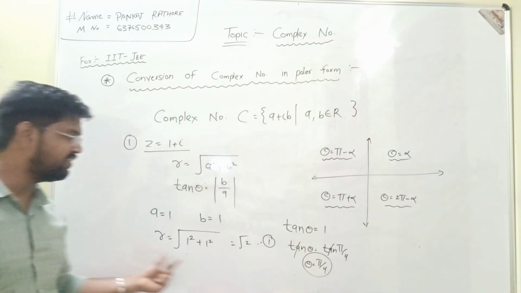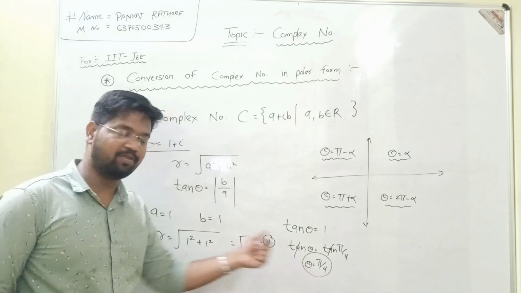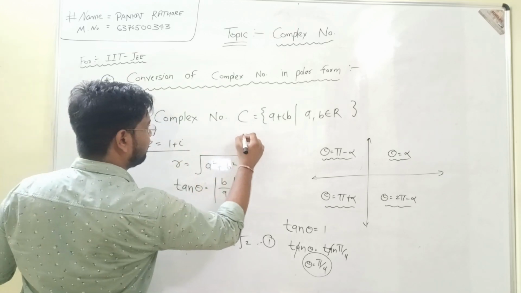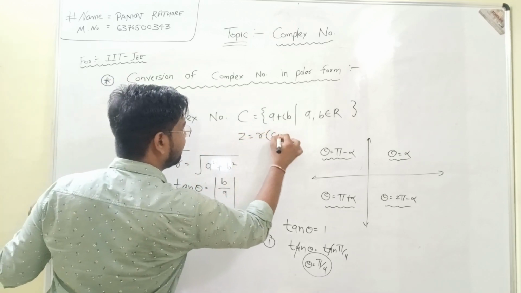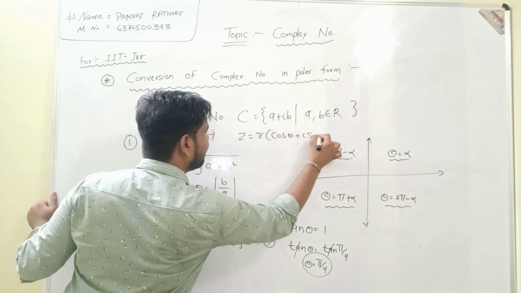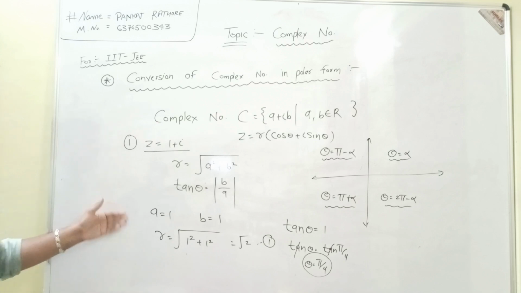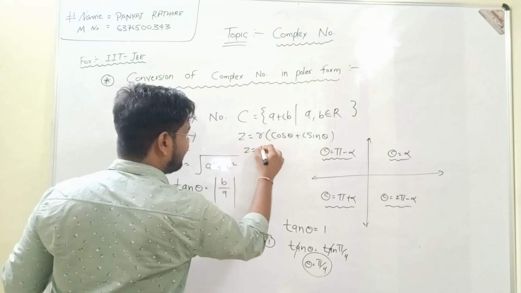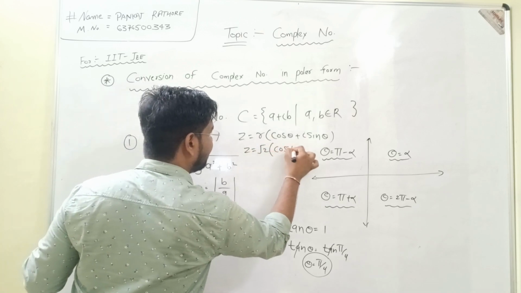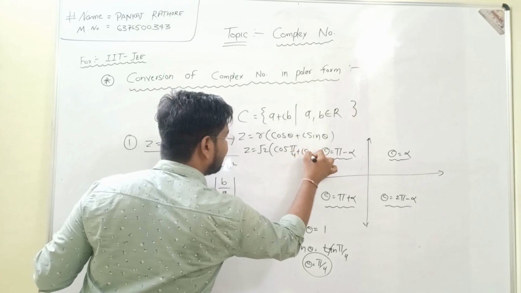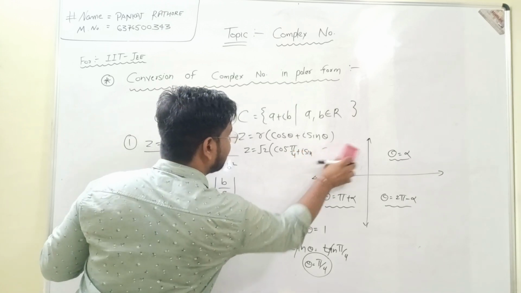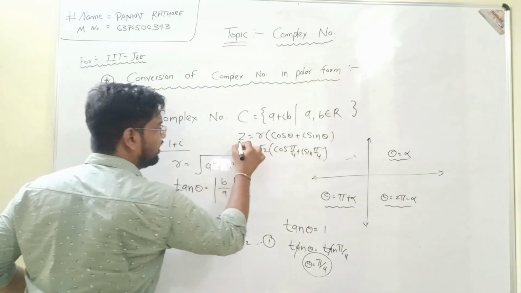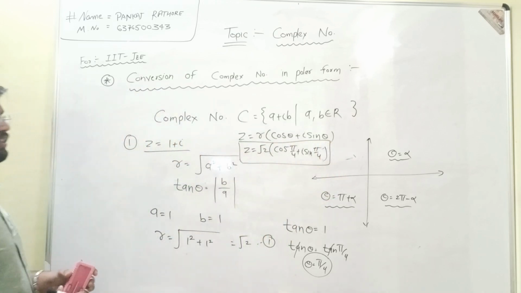Then here we find that r is equal to under root 2 and theta equal to pi by 4. So now our polar form is z equal to r times cos theta plus iota sin theta. So now we will put the values of r and theta here. So z equal to root 2 times cos pi by 4 plus iota sin pi by 4. That's the polar form for the given number.